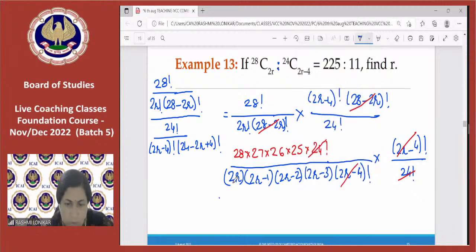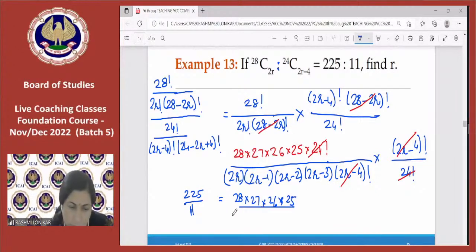225 upon 11 is equal to 28 into 27 into 26 into 25 upon this whole thing, 2r into 2r minus 1 into 2r minus 2 into 2r minus 3.